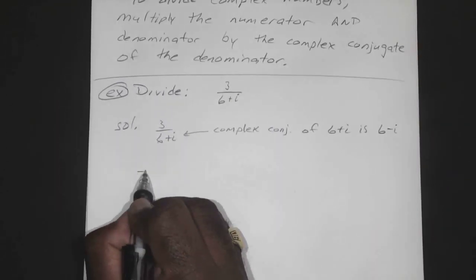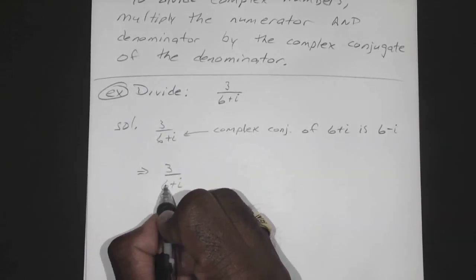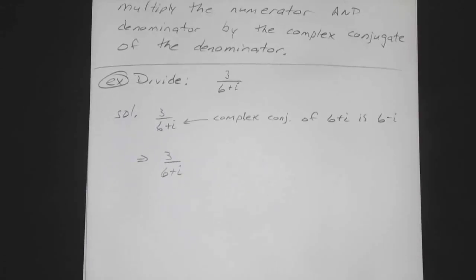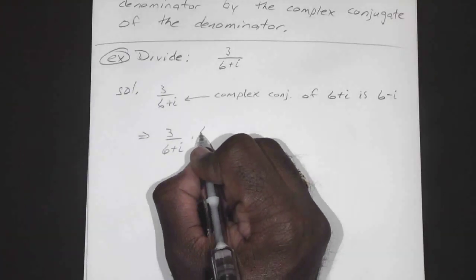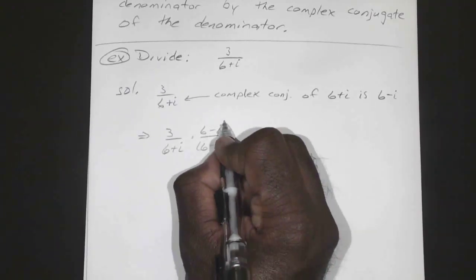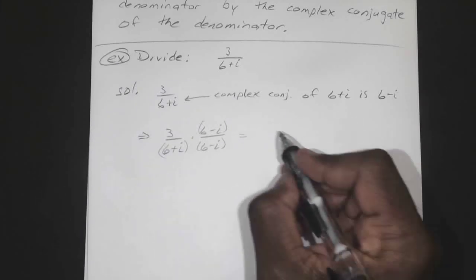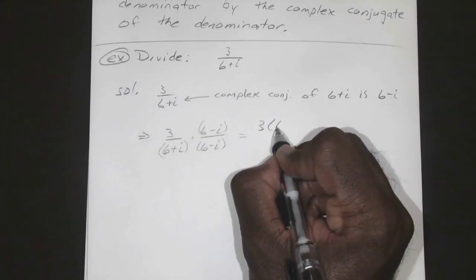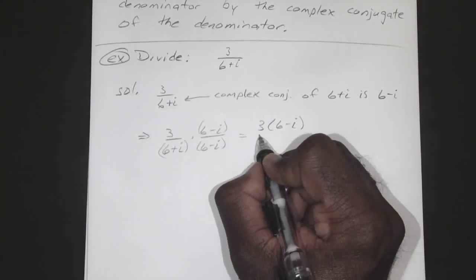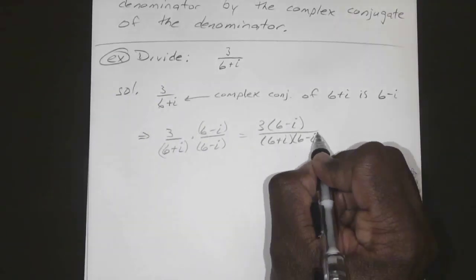Okay, so that means we're going to multiply the numerator and denominator by that complex conjugate. So it's going to be times 6 minus i over 6 minus i. Okay, so if we just put those together, 3 times 6 minus i over 6 plus i, 6 minus i.